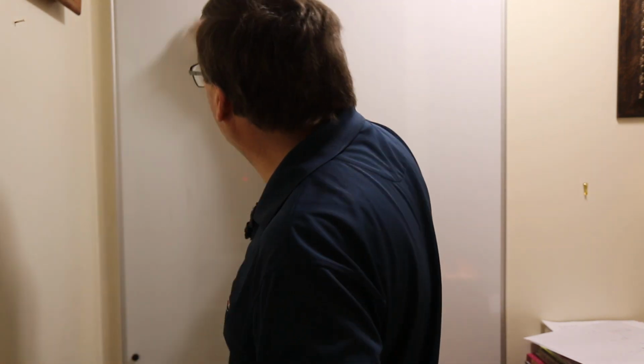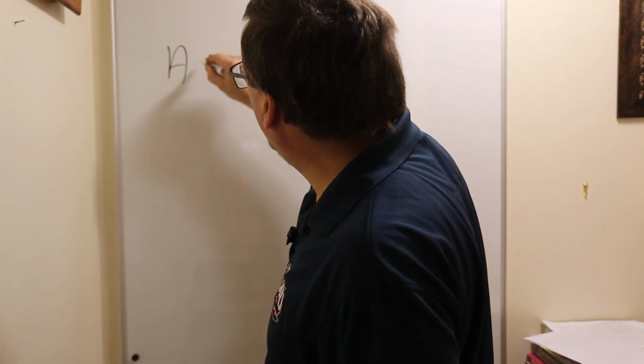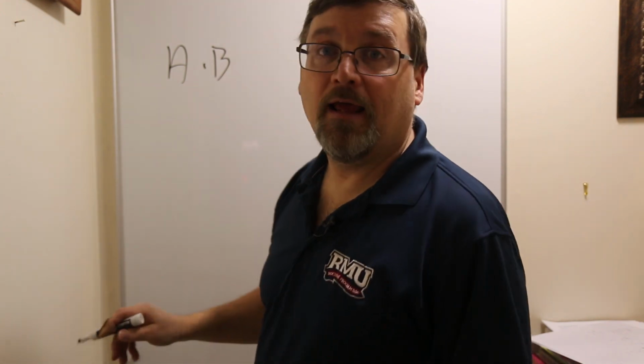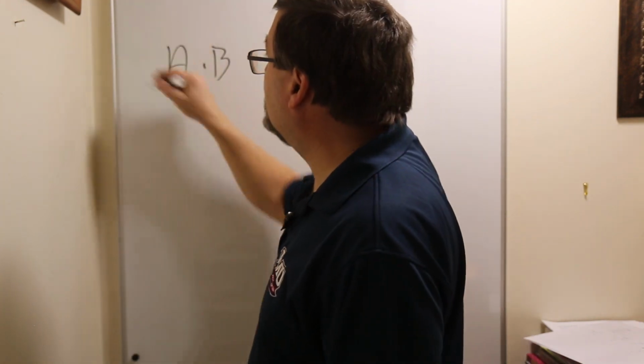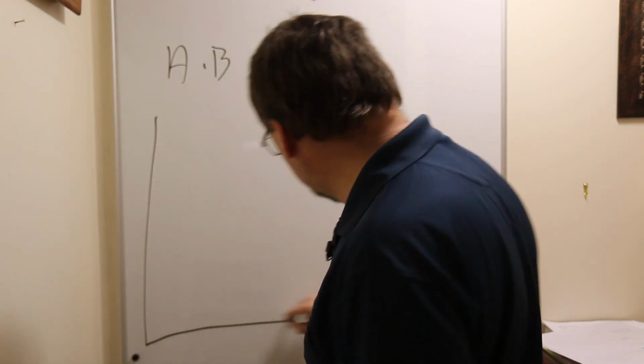When we're doing a truth table, what we want to find out is what are all the possibilities of our two sides, the truth of A and B, that will give us the total answer for A and B. So we say A and B, and we want to say when this entire statement is true or false. So we need to see all the different possibilities.